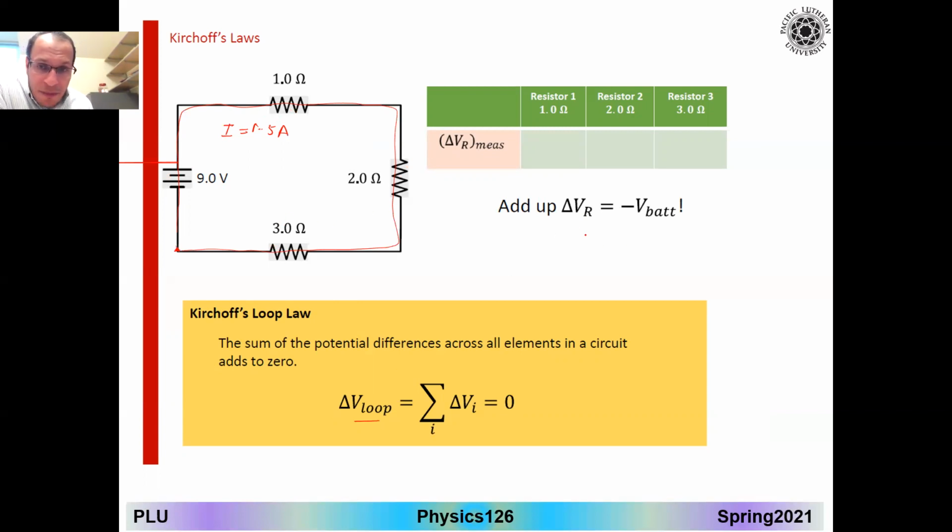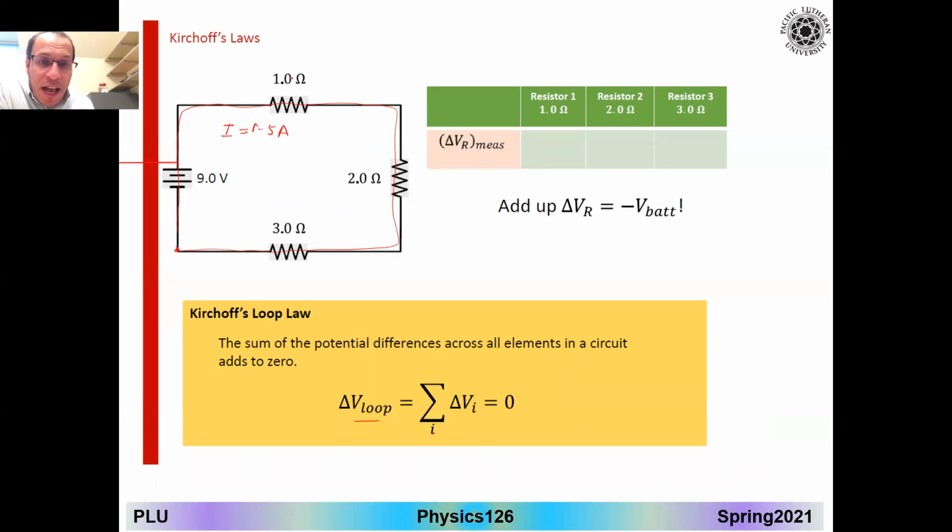Or it's the same thing to say the voltage across the resistors equals the voltage across the battery. In other words, I have 9 volts. This 9 volts will be distributed among the 3 resistors. How is it distributed? Based on the ohm resistance.